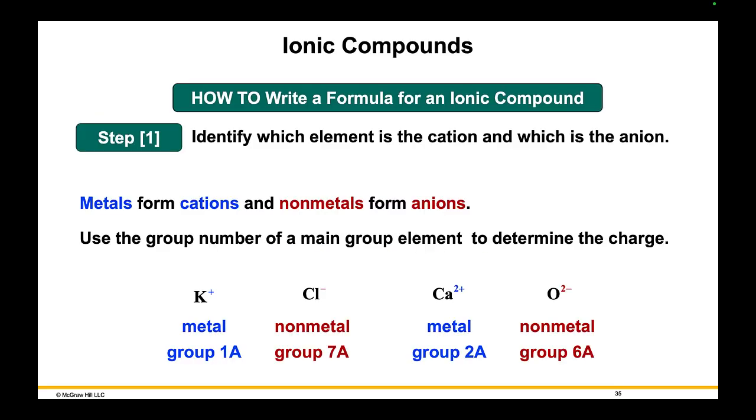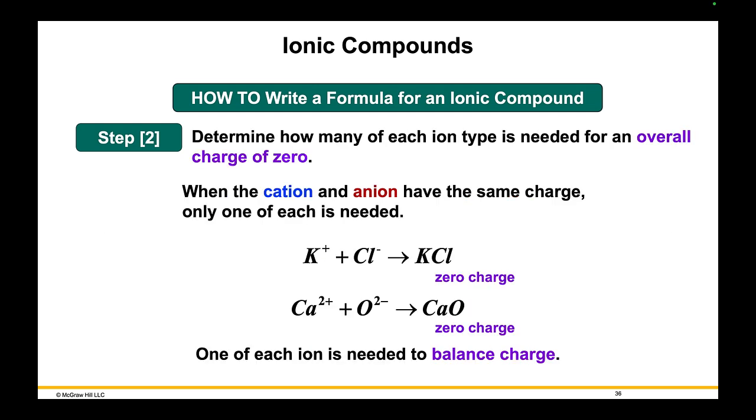So when you write an ionic formula, the first thing you're going to do is identify which element is the cation, which is the anion, remembering that metals form cations and nonmetals form anions. You can use the group number of the main group element to determine what that charge is going to be. So for potassium, which is a group 1A metal, it's going to have a +1 charge, whereas calcium is a group 2A metal, and so it's going to have a +2 charge.